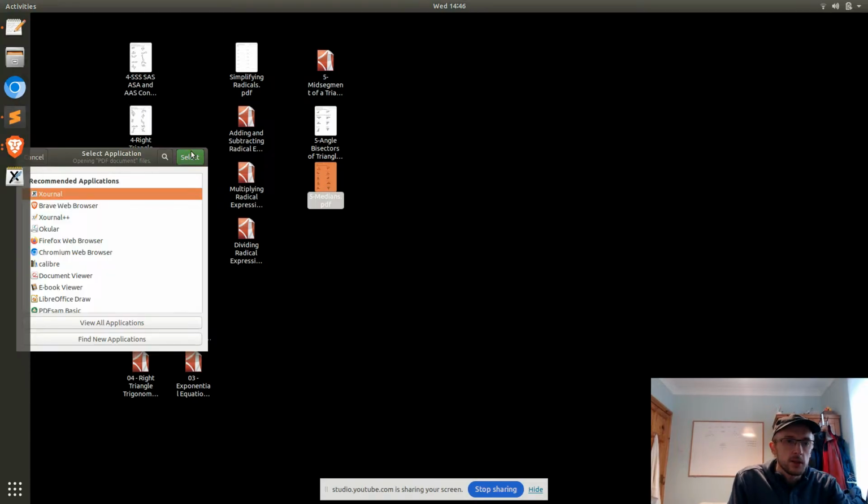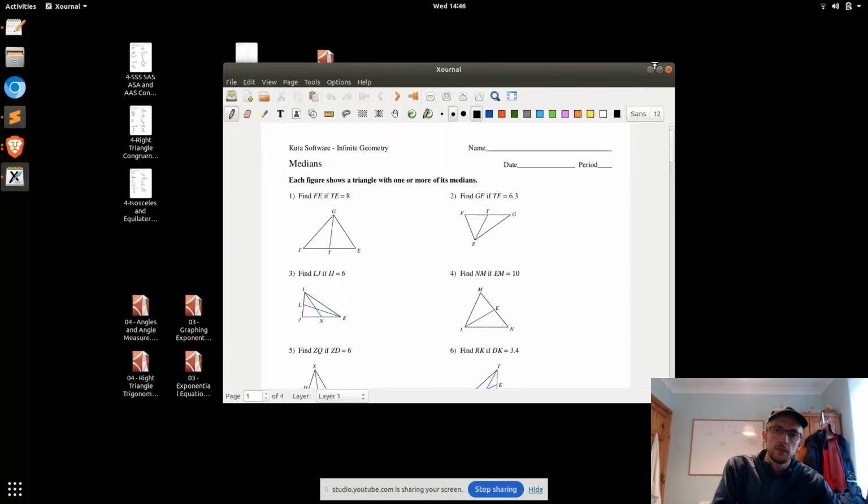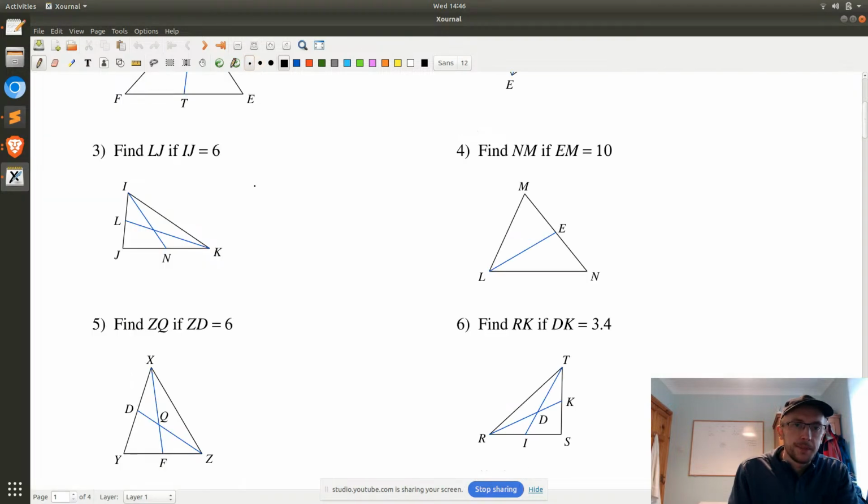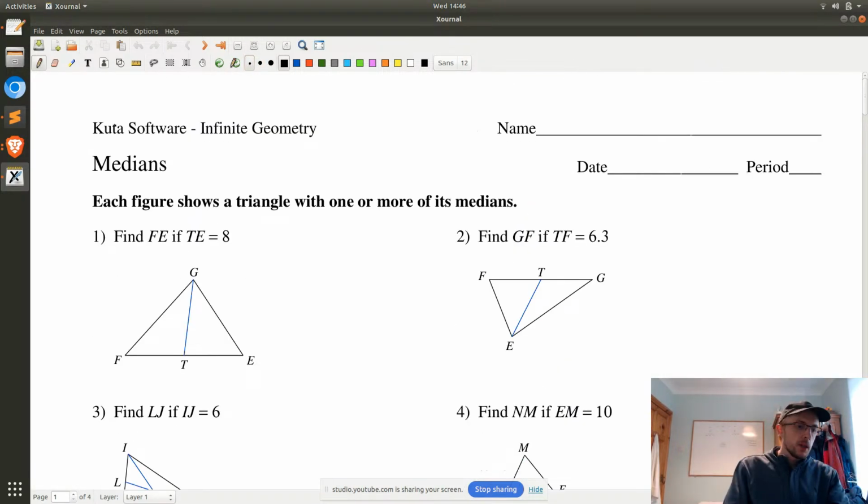Okay, now to look at medians. So the median in statistics is the central element of an ordered data set, or it's the mean of the two central elements.